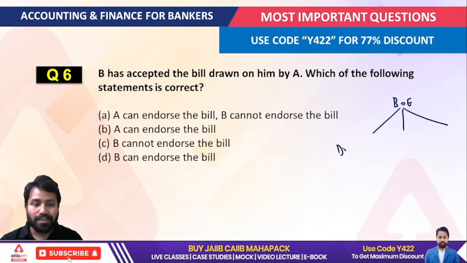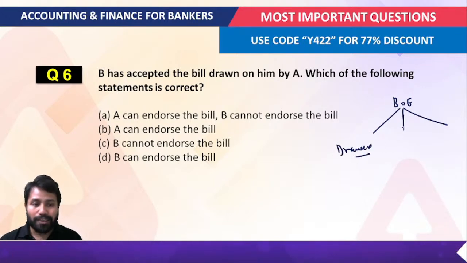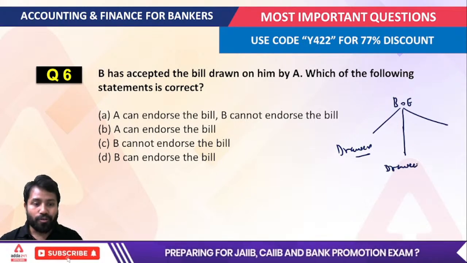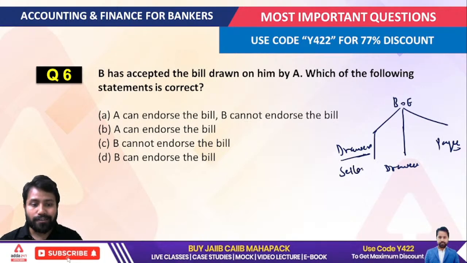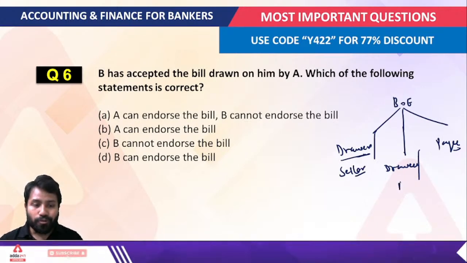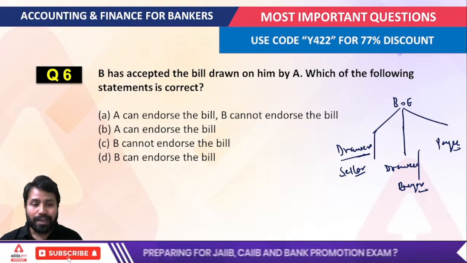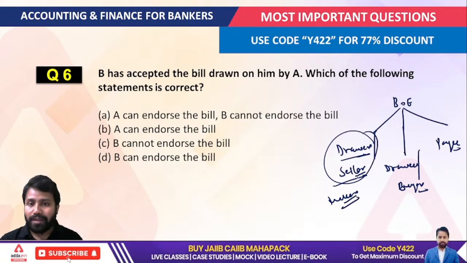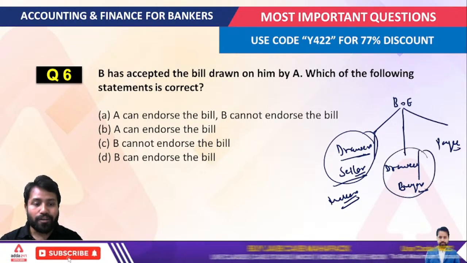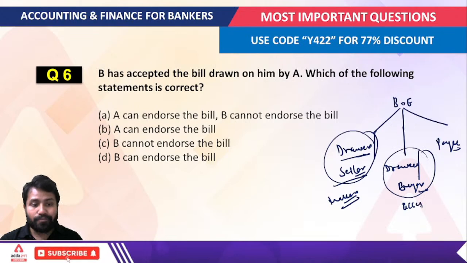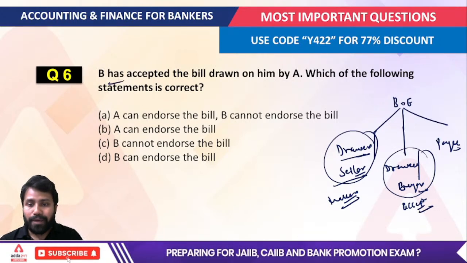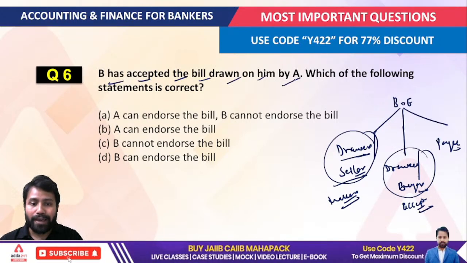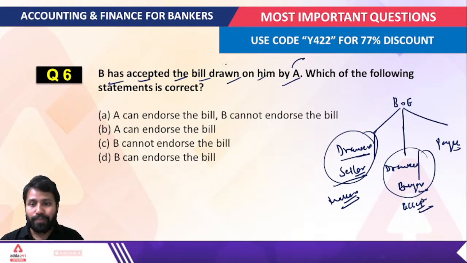In a bill of exchange, as you know, there are always three parties: the drawer, the drawee, and the payee. The drawer is also known as the seller, and the drawee is also known as the buyer. The seller makes the bill of exchange, and the drawee or buyer accepts the bill of exchange. Now, if B has accepted the bill drawn on him by A, that means A is the seller and B is the buyer, right?